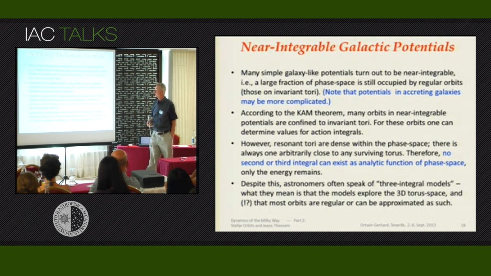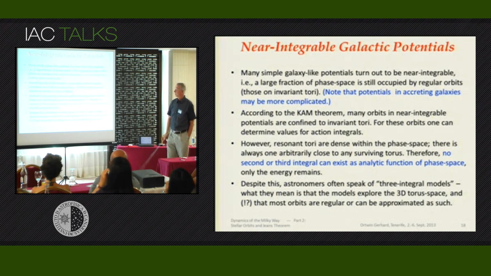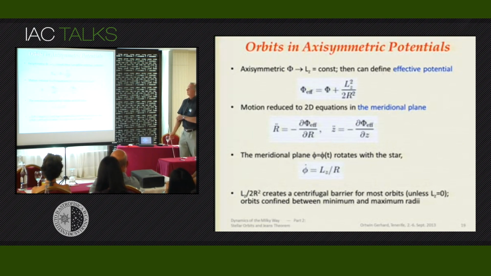In the strict sense, this isn't correct because there is no third integral in these potentials. What they mean is that most of the phase space is described by regular orbits, and then they explore those regular orbits by using various methods, for example, a Schwarzschild method of integrating orbits and then putting together your distribution function from that. This is something we come to later.